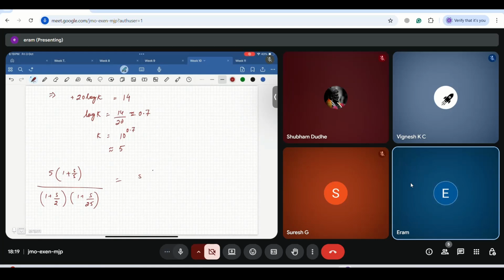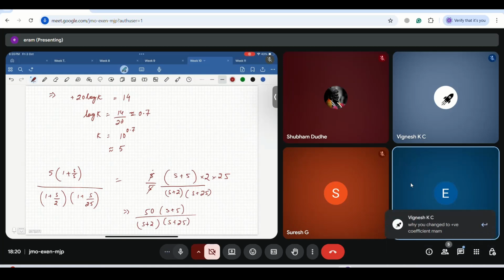So it will be 5 into (s plus 5 by 5), (s plus 2 by 2) and (s plus 25 by 25). Okay, so it will be 50 times of s plus 5, s plus 2.